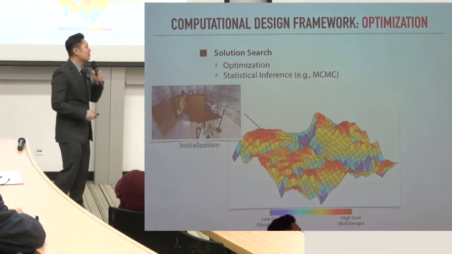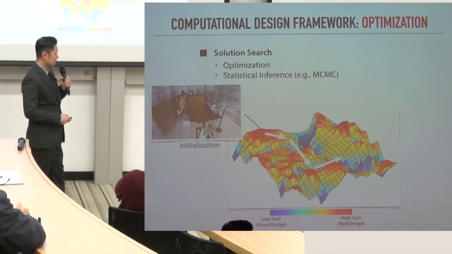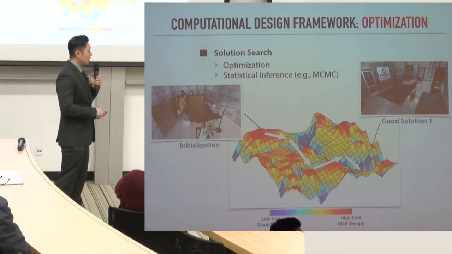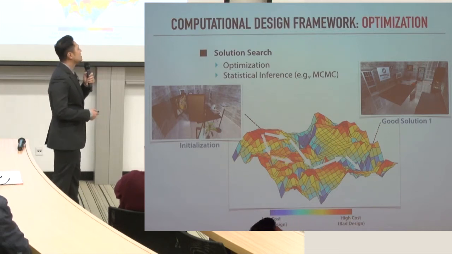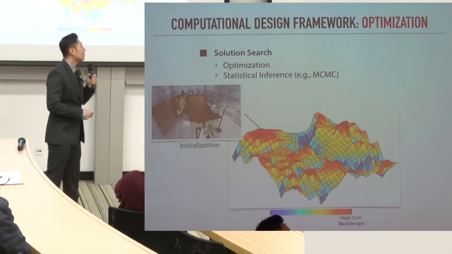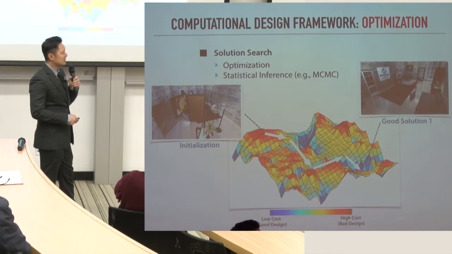So after we form the optimization function, our goal is to search for good solution in this solution space. And depending on the optimization function, we can use optimization technique like gradient descent or statistical inference like Markov chain Monte Carlo method. So hopefully we can find multiple good design solutions in this solution space.